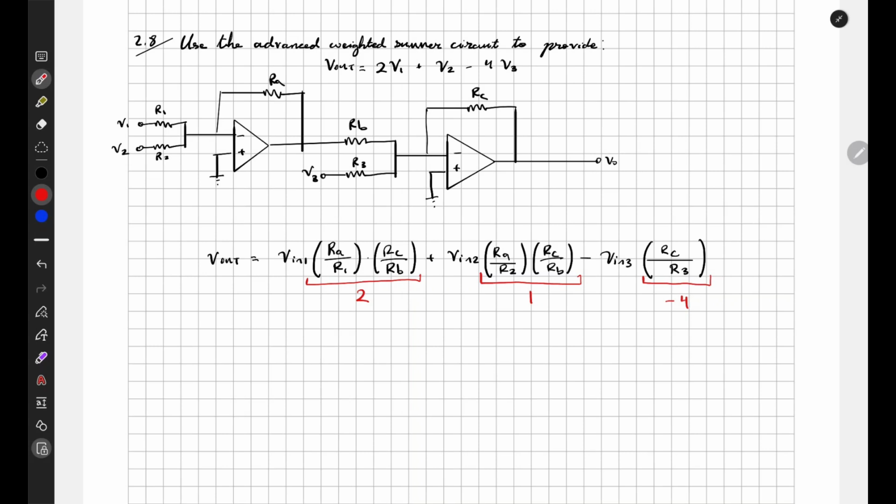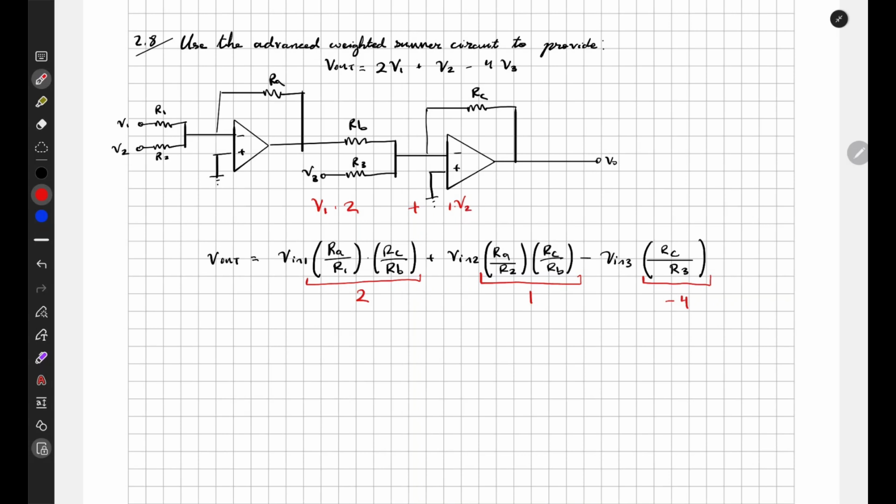So now let's look at the intuitive understanding of what is going on in this circuit. At the first stage of the op-amp, it is V1 multiplied by 2, just this thing here. And then the second stage of the op-amp is just Vn2 times 1, so 1 times V2.